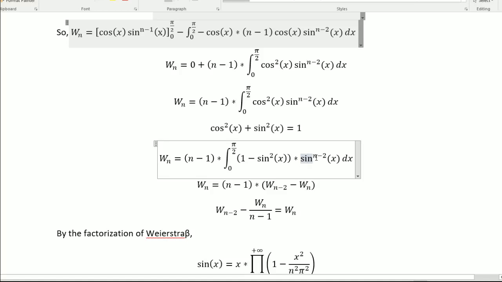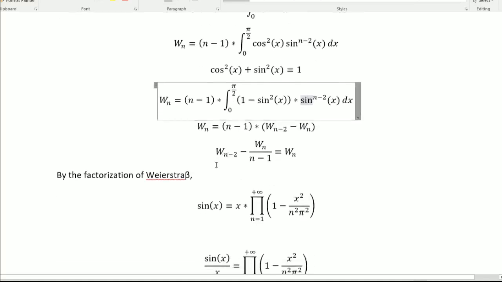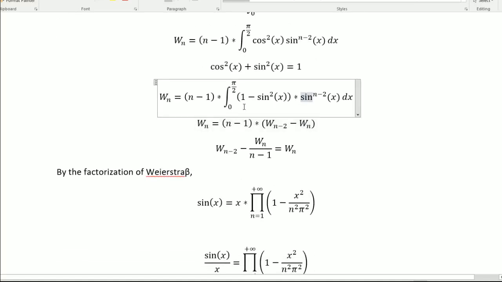So we get that Wn equals (n minus 1) times the integral of 1 times sine to the power n minus 2, because we split the integral into two integrals.